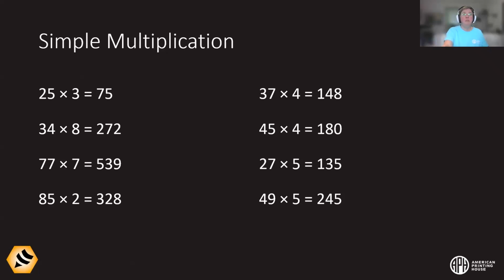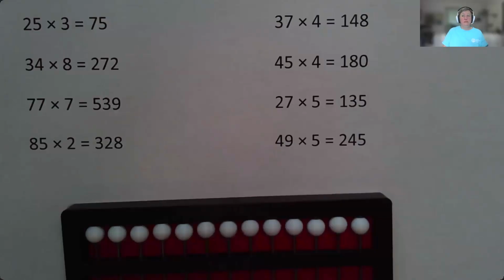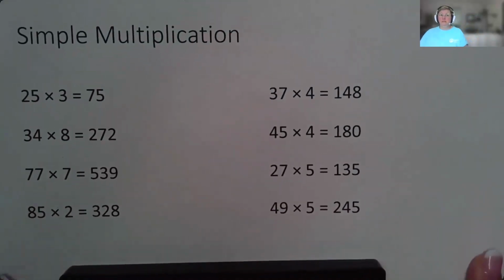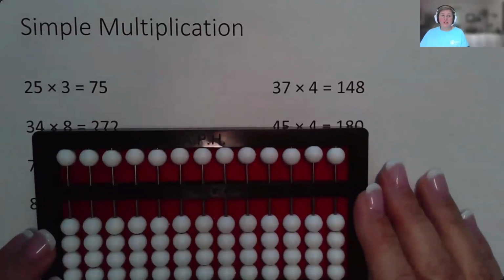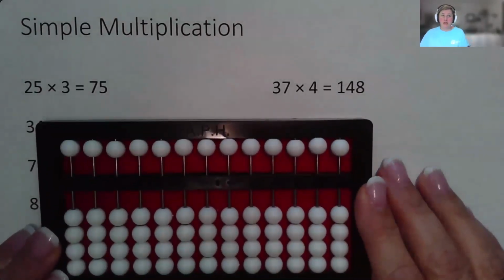Let's try some more simple multiplication with putting 2 digits on one side, on the left-hand side, and a single digit as your multiplier. Let's set 25 times 3.